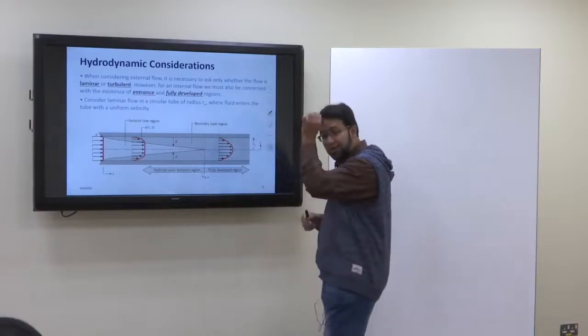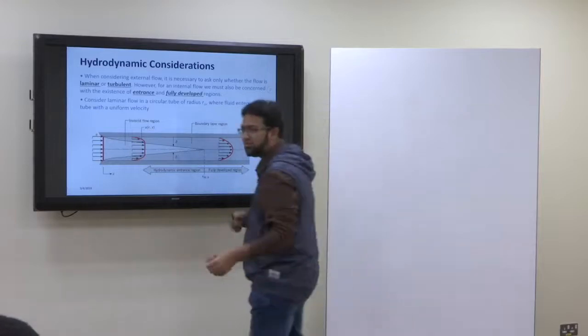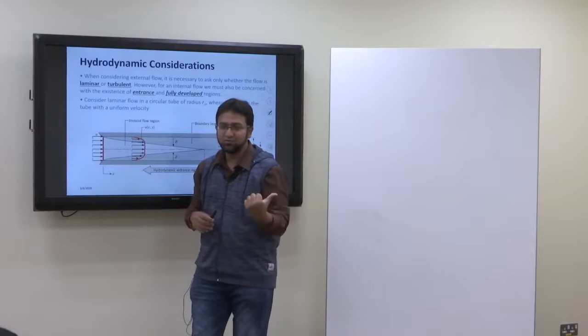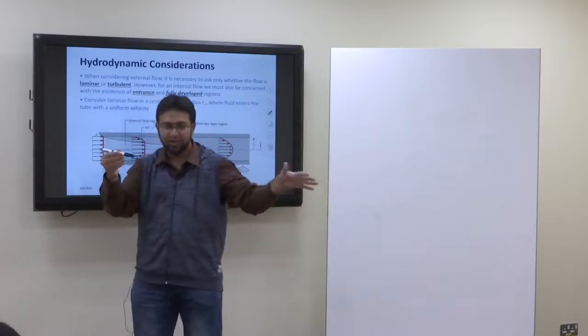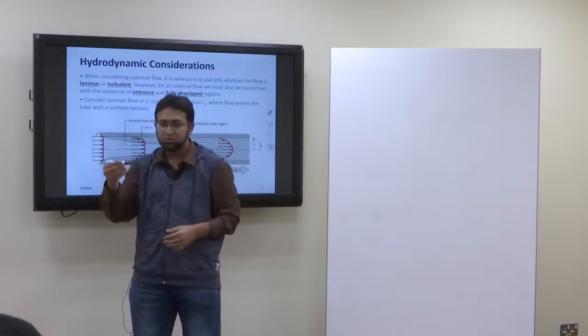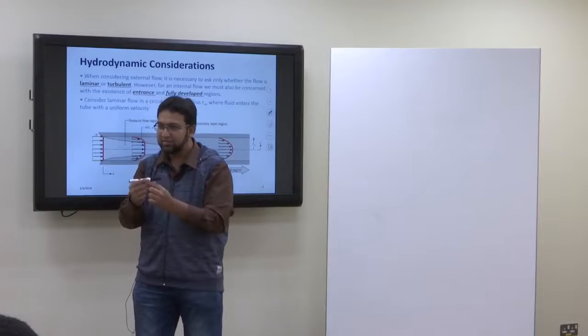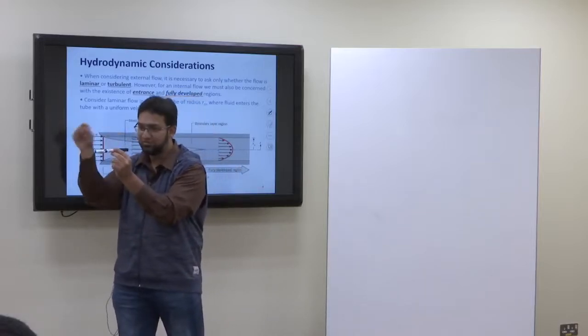So let's talk about the hydrodynamic consideration. What does hydrodynamic consideration mean? For example, in the case of external flows, we said that if we put a plate and there is flow across it, there is disturbance in the field, and that is going to develop a boundary layer, which is the velocity boundary layer.